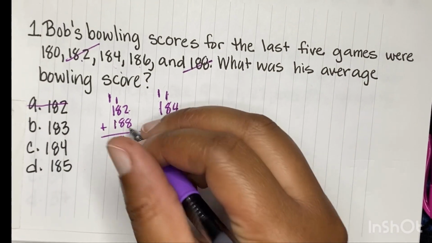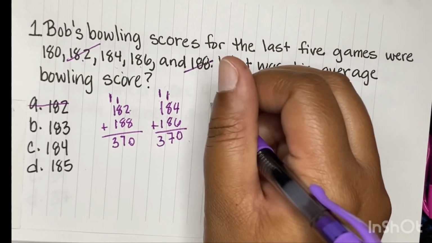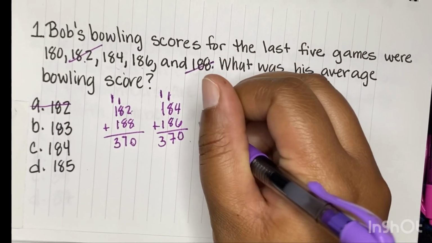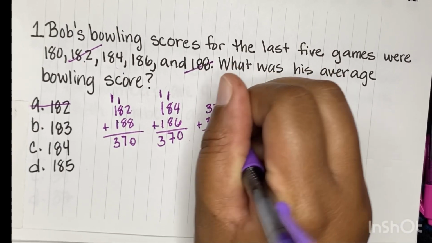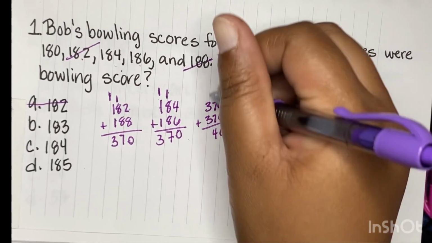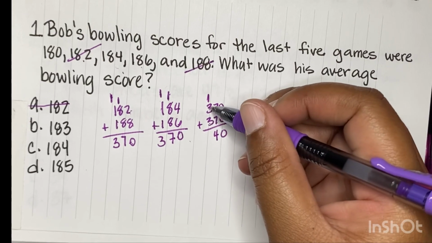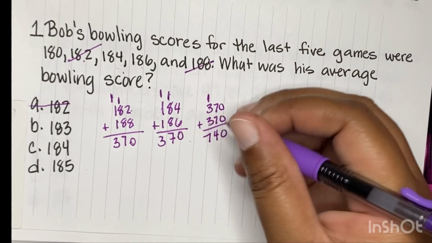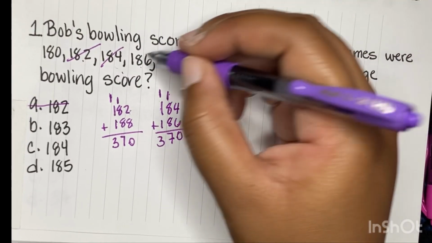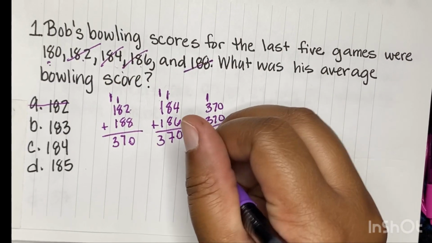Let's add these together. 370 plus 370 is going to be 0, 4, carry the 1. 3 plus 3 is 6, plus 1 is 7. Now we still have to add this 180 to it.